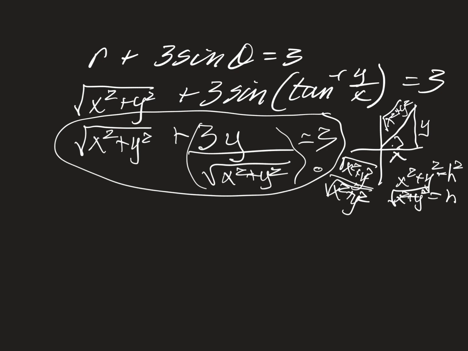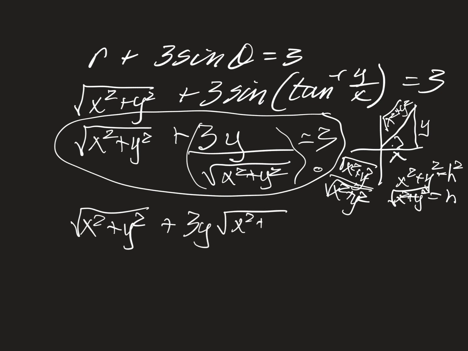And what we would end up with is the square root of x squared plus y squared plus 3y times the square root of x squared plus y squared over x squared plus y squared equals 3.